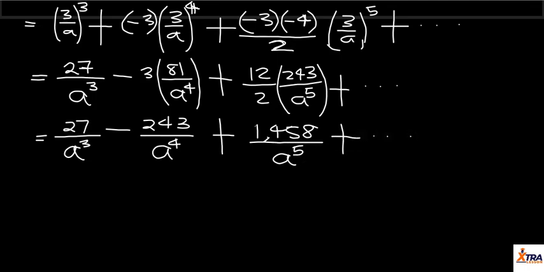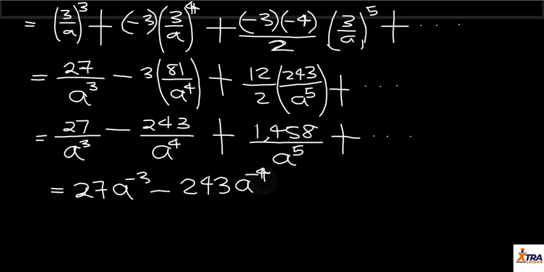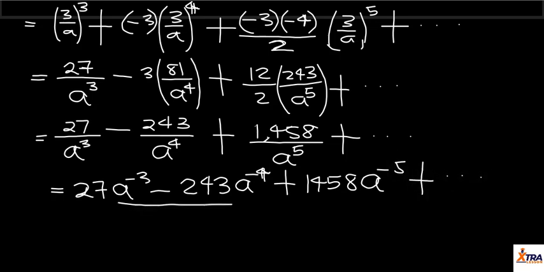That is 1,458 divided by a raised to power 5. So I can say this is my answer, or I represent it in the form 27a raised to power minus 3 minus 243a raised to power minus 4, from my knowledge of indices, that is the negative index law, plus 1,458a raised to power minus 5. So this becomes my answer.